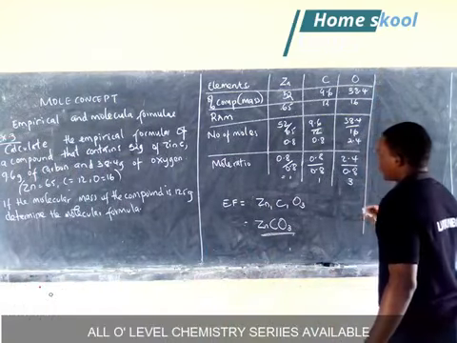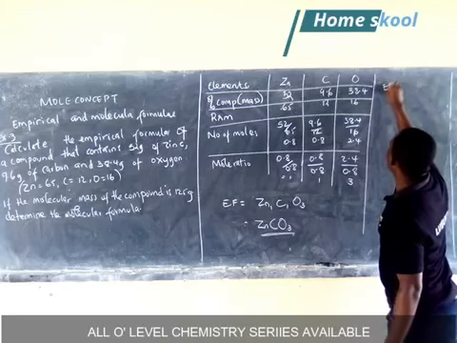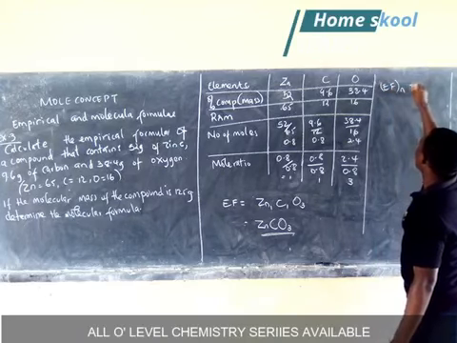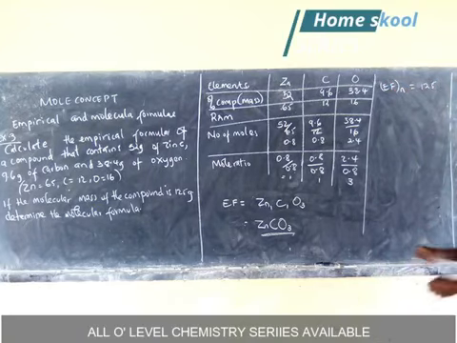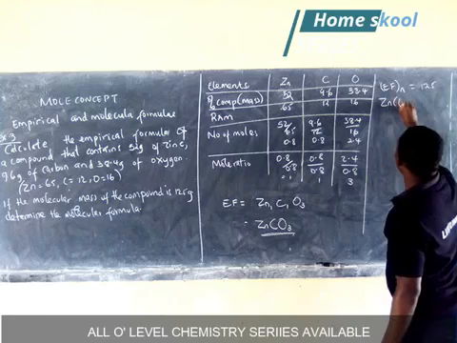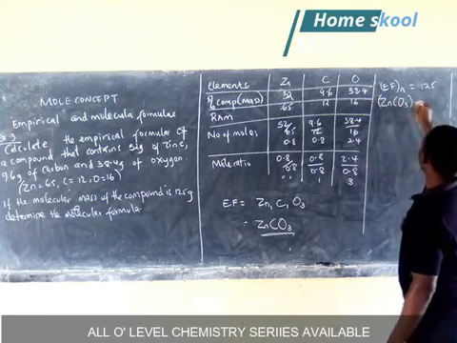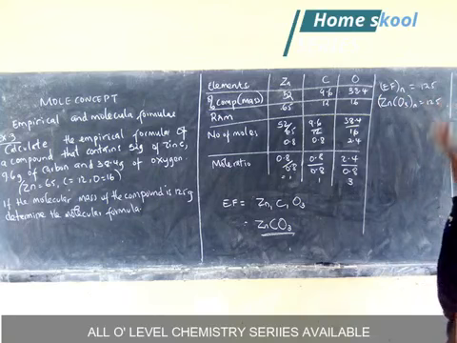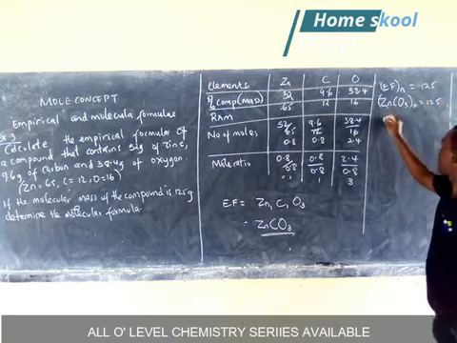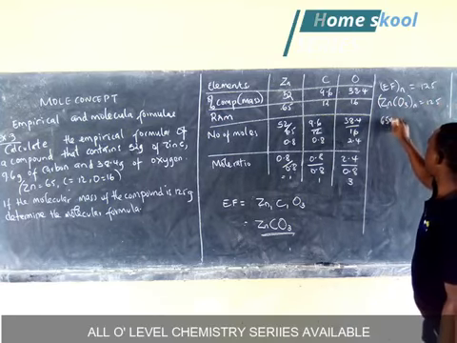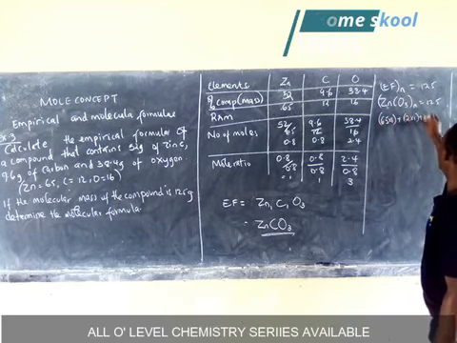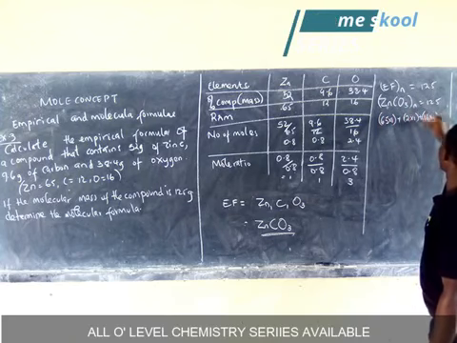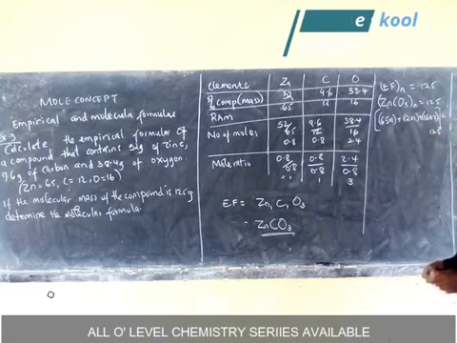Then, telling us to determine the molecular formula if the molecular mass is 125 grams. Simply, what I can do is write the empirical formula times N, giving us the molecular mass, which is 125 grams. The empirical formula is ZnCO3 into the value of N is equal to 125. Zinc is 65 times 1, then plus carbon, it is 12 times 1, plus oxygen is 16 times 3, into N is equal to 125.